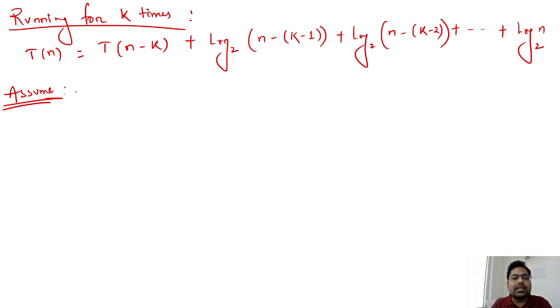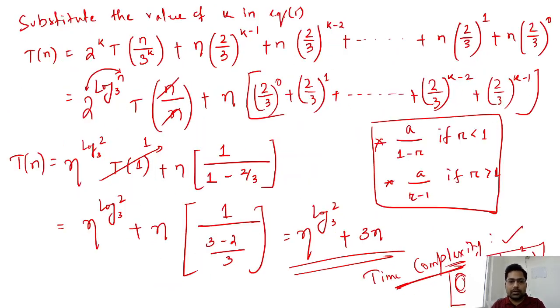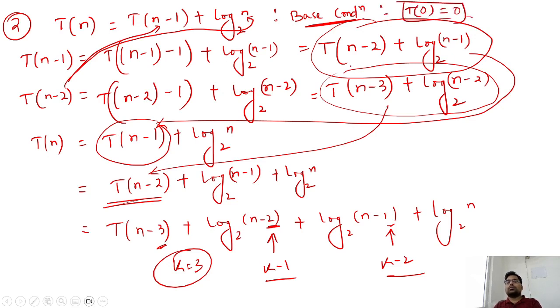Then here you can go for the assumption. Assume we reached the base condition. Here I might have forgotten, the base condition we have to write. Suppose t of 0 is 0, suppose this is the base condition.